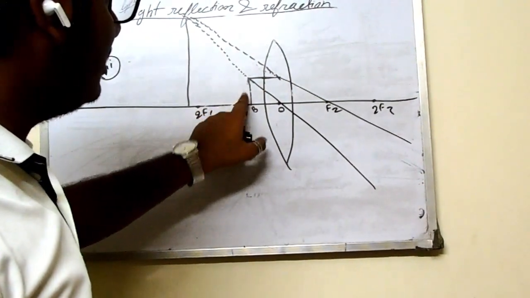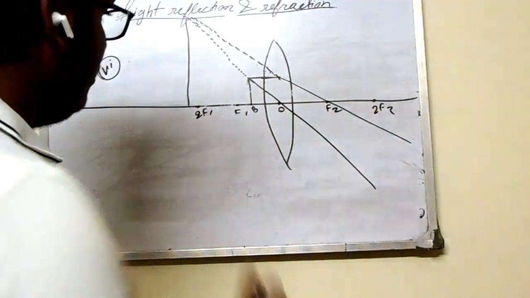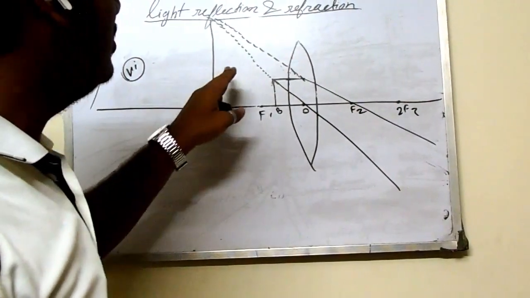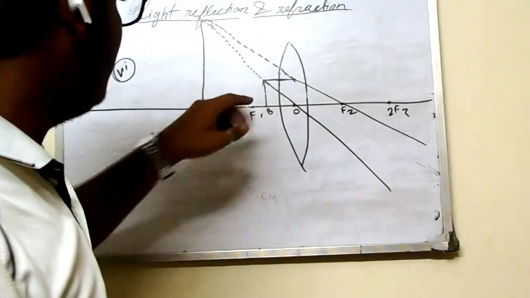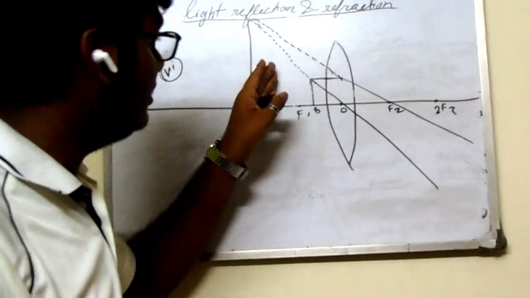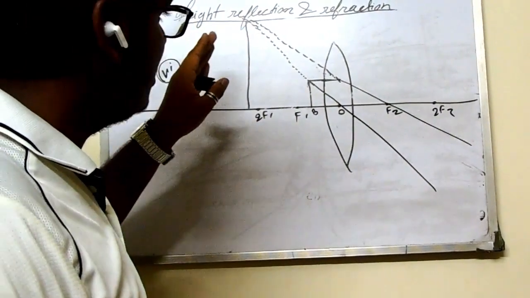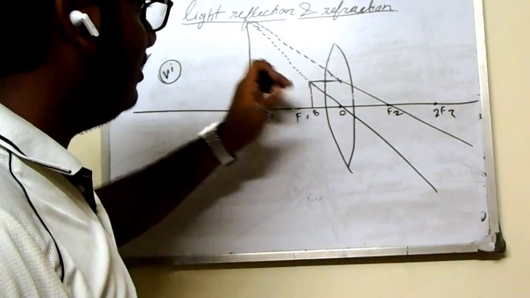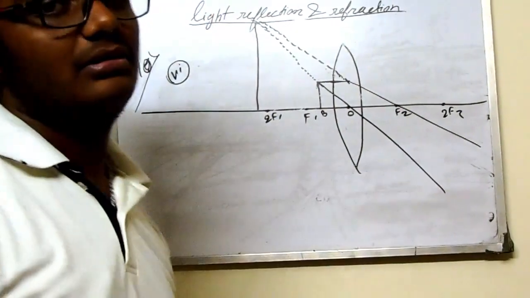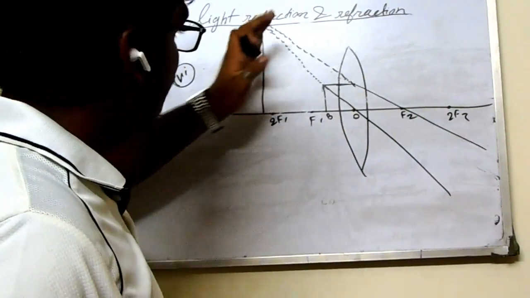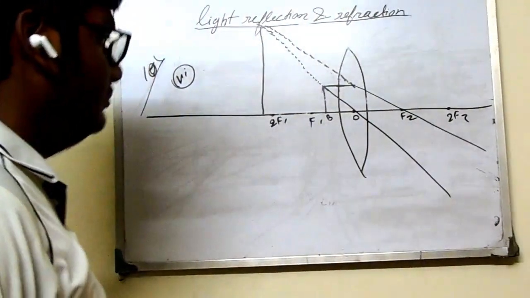Position of the object between center and f1. Position of the image beyond 2f1. Size of the image highly enlarged. Nature real, as it is in this way, real and erect, as it is not inverted.